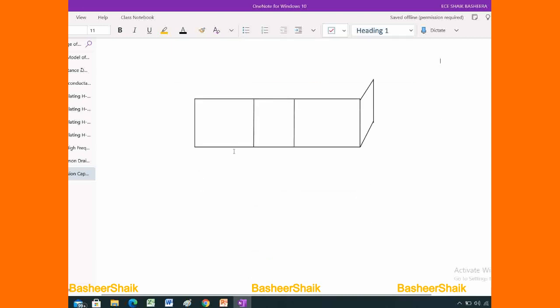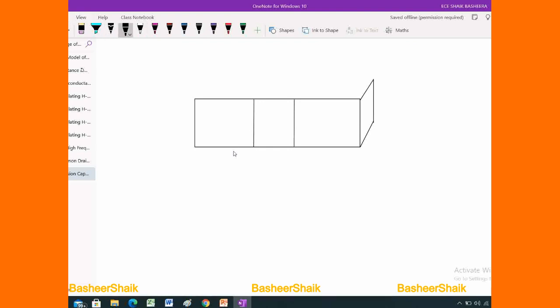Consider a PNP transistor. This is the emitter, base, and collector of the PNP transistor, and the emitter-base junction is forward biased.